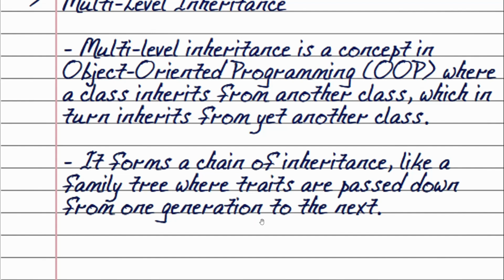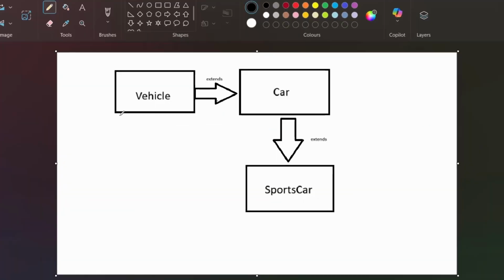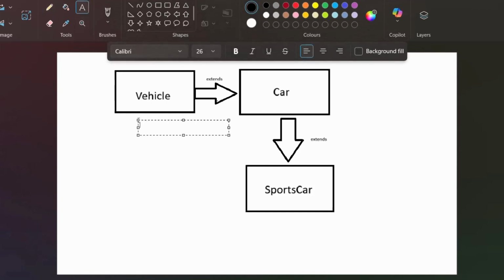So we will see one example. This is the example I've taken: vehicle, car and sports car. So these are the three classes. As you can see here, the car class inherits the properties from vehicle and the sports car inherits the properties from car.